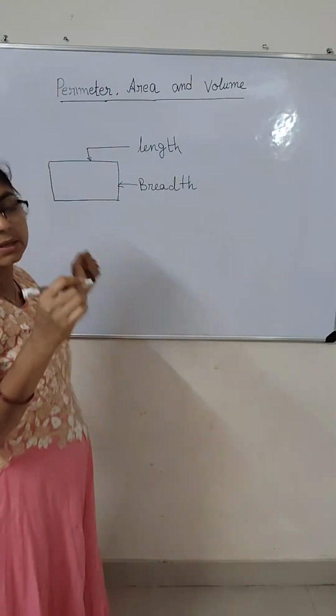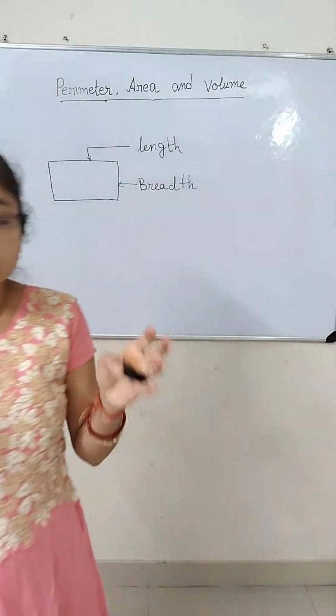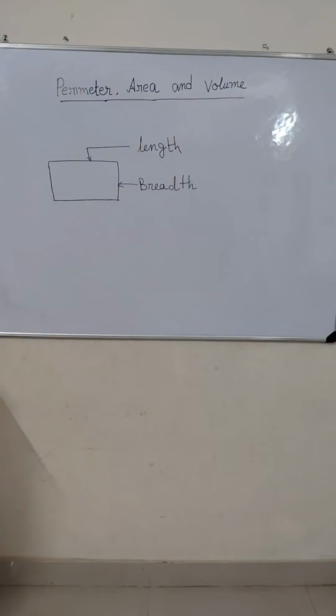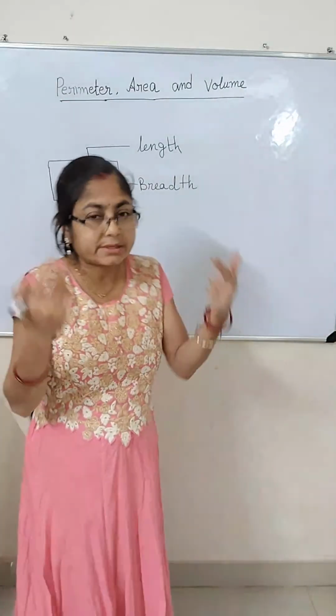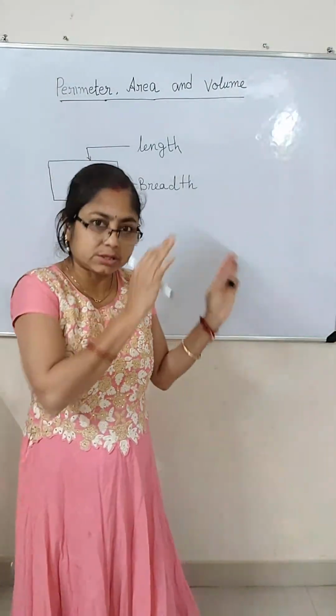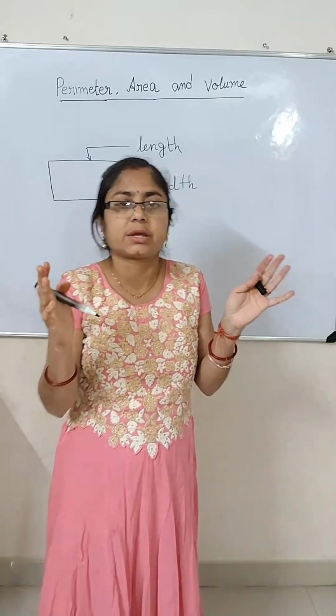It is a rectangular shape. Rectangular shape means the two side length is big and the breadth is small. Okay, it is a basic concept.